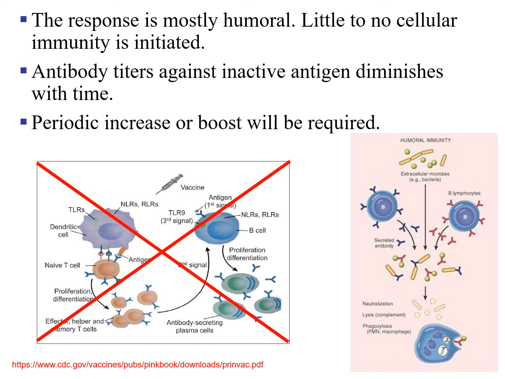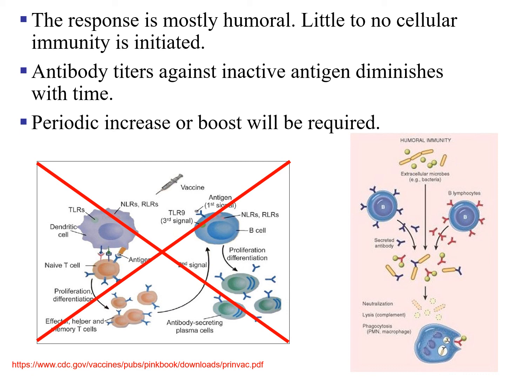The response is mostly humoral. B cells are responding. Little to no cellular immunity is initiated. So you're not activating the T helper cells. And when we use these dead vaccines, the antibody titers against inactive antigen diminish with time.